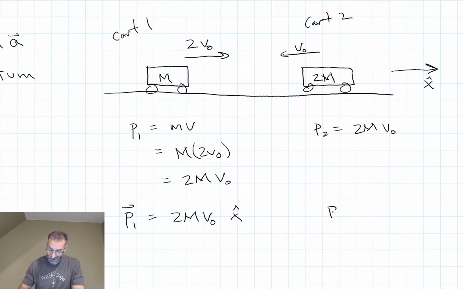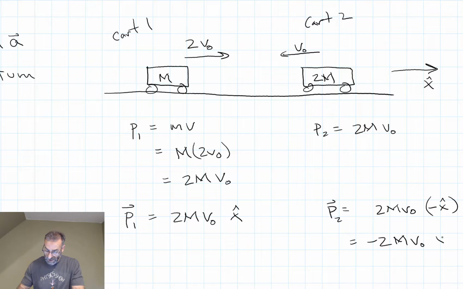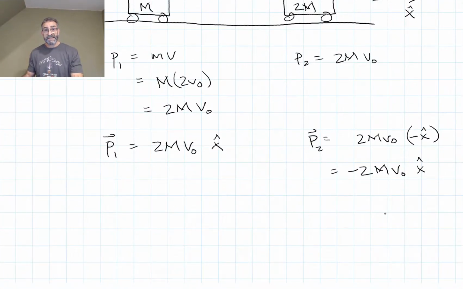And our cart 2 is going to have the same magnitude, but it's going to be in the negative x hat direction. Usually we don't write it like this. Usually we write it as negative 2m v0 in the x hat direction. The negative sign just indicates direction. This is a vector quantity.